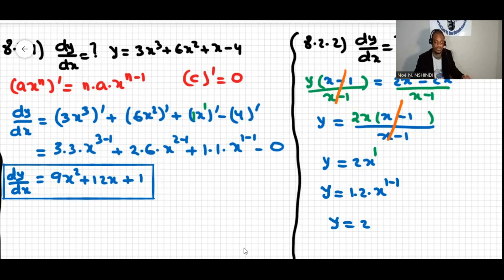So it's going to be 1 times 2 times 1, which makes the derivative now. That's the derivative, that dy/dx.